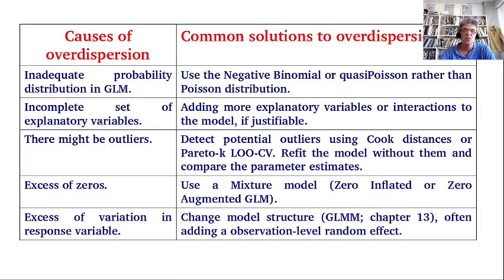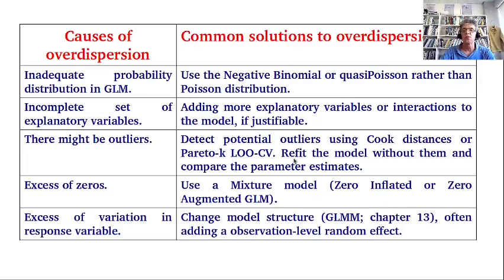If that is so and we have more explanatory variables, then add the variables and perhaps interactions when it's justifiable. Another reason might be that there are outliers in the data, outliers with respect to the model that is fitted. This could be identified using the Cook distances and the Pareto coefficients if you fit a Bayesian GLM.